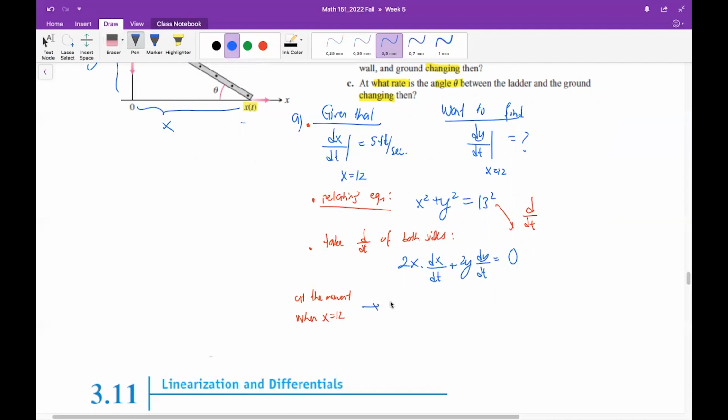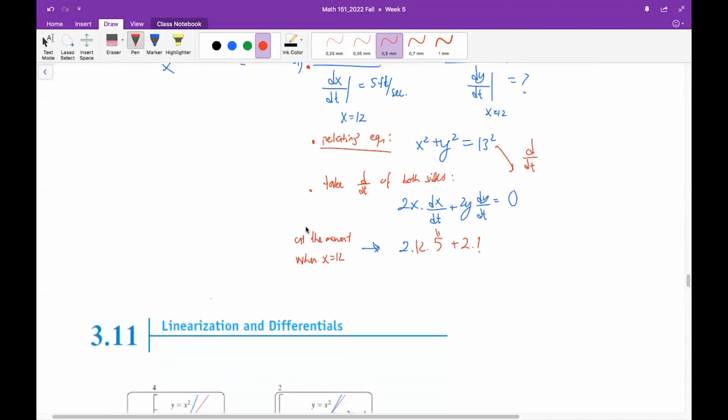I will be inserting here x as 12, 2 times 12 times, and this becomes at this particular moment, it is given as 5 plus 2 times. This is what we want to find. And there is also y here. What is y at this particular moment?